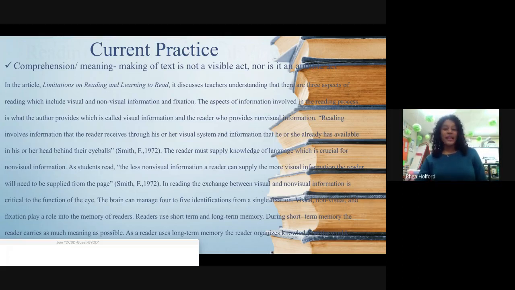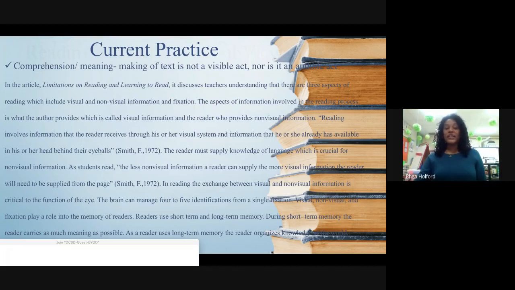So the reader must supply knowledge of language, which is crucial for non-visual information. As students read, the less non-visual information a reader can supply, the more visual information the reader will need to be supplied from the page. In reading, the exchange between visual and non-visual information is critical to the function of the eye. The brain can manage 4 to 5 identifications from a single fixation.